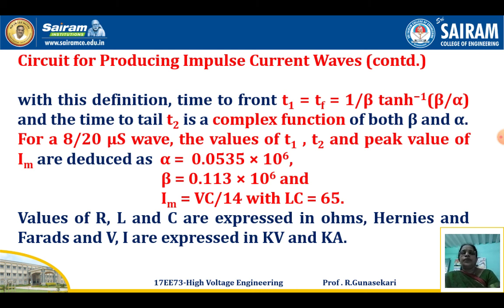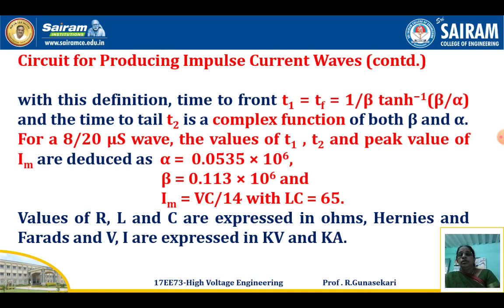The values of t1 and t2 and the peak value of the current Im are obtained from the standard tabular column. So alpha equals 0.0535 into 10 to the power 6, beta equals 0.113 into 10 to the power 6, and Im is equal to Vc divided by 14, with LC equal to 65.